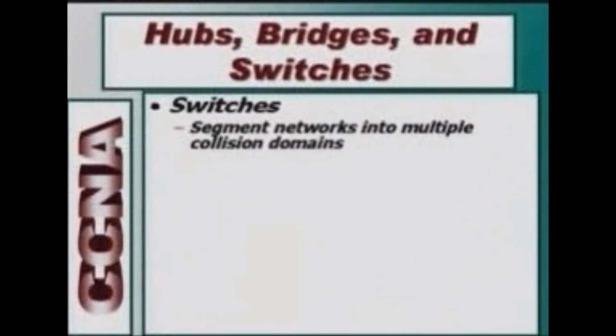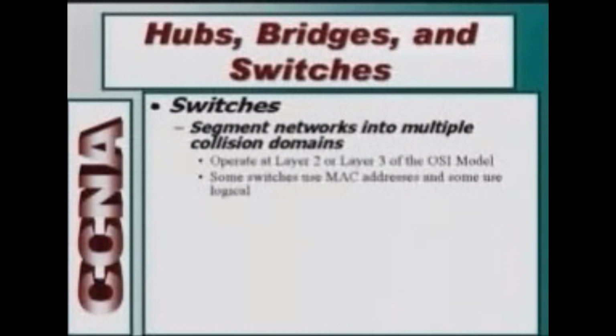Now, switches are just like bridges. Switches are fancy bridges. They're programmable bridges. And switches are faster because switches are typically designed just to do switching. In other words, whereas bridges use software, which is typically slower than hardware, switches actually are little computers that are made just to switch. And switches use that same type of decision, but switches can be further programmed.